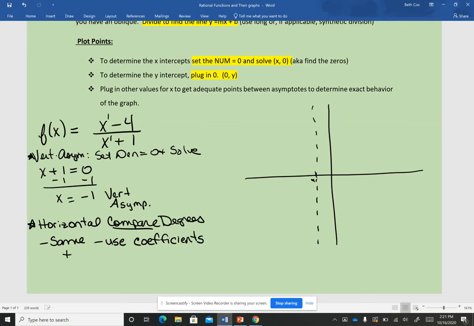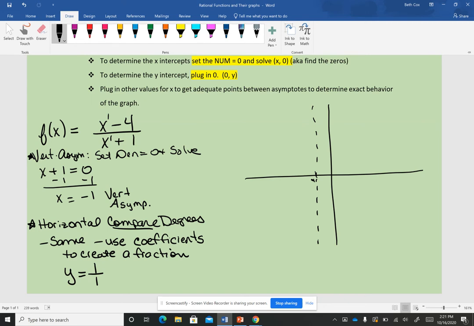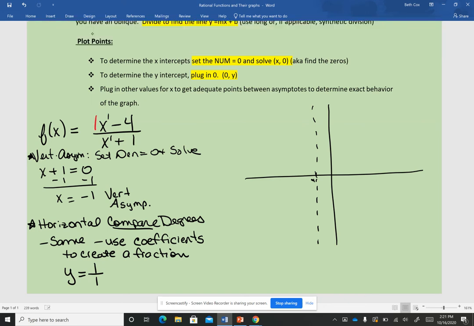We use the coefficients to create a fraction. So the horizontal asymptote is y equals 1 over 1. Now, these are the coefficients, not the degrees. Make sure you understand that. It's the coefficients that are 1. And so y equals 1 is our horizontal asymptote. So here's y equals 1. I have a horizontal boundary line.